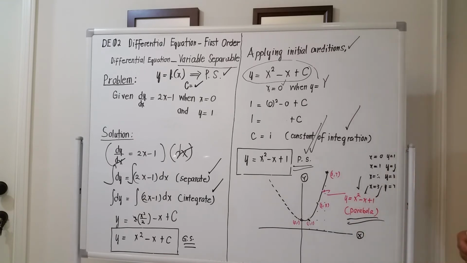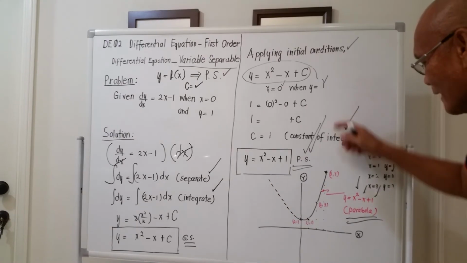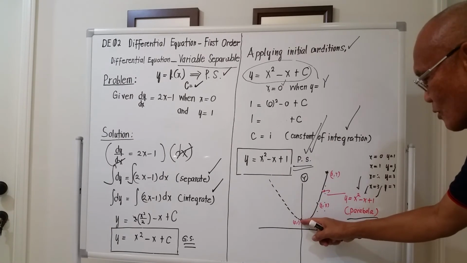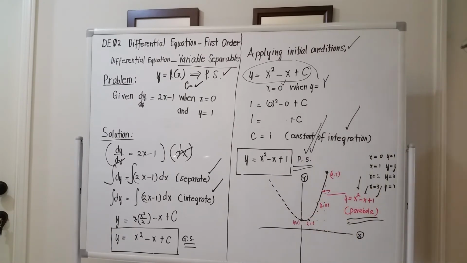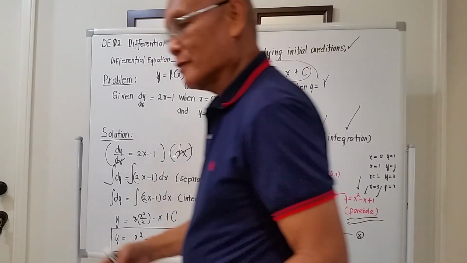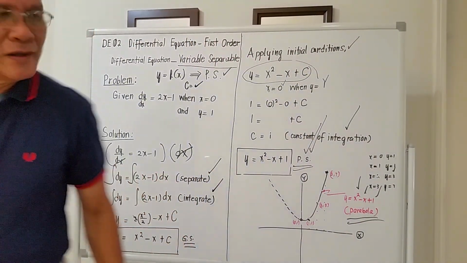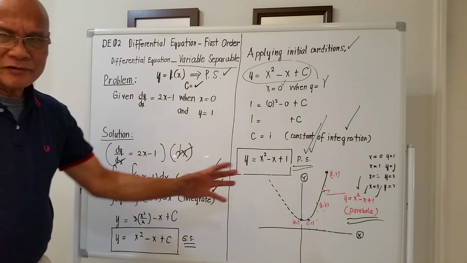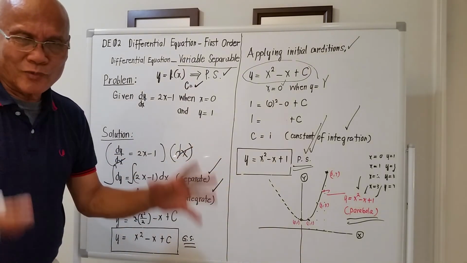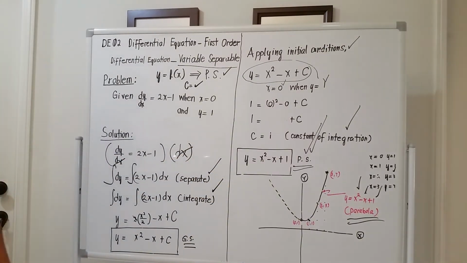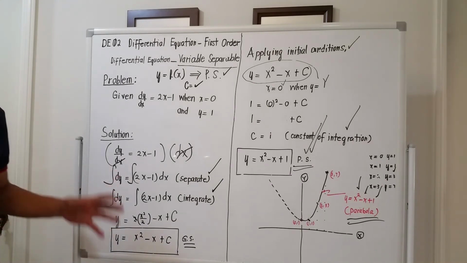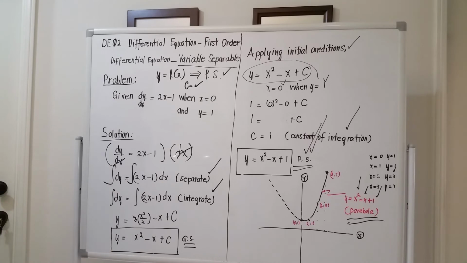So our particular solution is a parabola that opens upward and the vertex is at 0 and 1. That is how we work on differential equation. After bringing out the answer, try to take a graph so you could visualize what's happening. Okay? That's a variable separable differential equation, guys. Okay? It's easy.